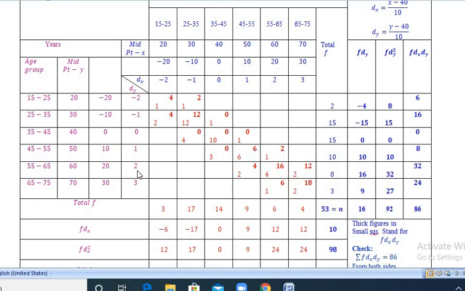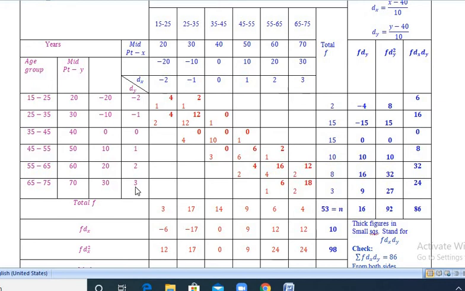And similarly, dy is 2, corresponding to this frequency 2, dx is 1, their product is 2 into 2, it is 4. And here again dy is taken as 2 and dx is 2, their product is 4 into frequency 4, their product is 16. And dy is 2, here dx is 3, their product is 6 into 2, it is 12.